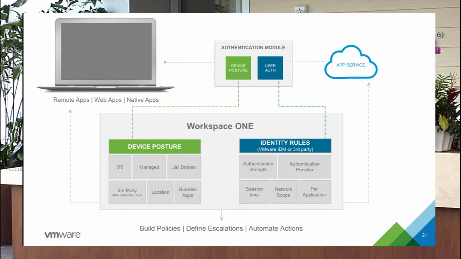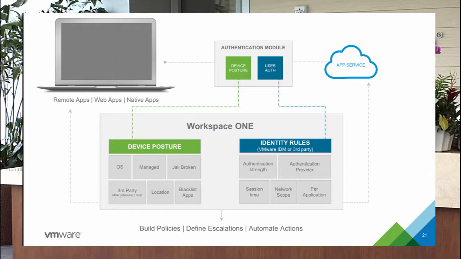So if we look at kind of a high level of all the different things that are at work here, we've got a device that's accessing remote apps, web apps, native apps, SAML applications, packaged applications, virtual desktops, all of these different things.